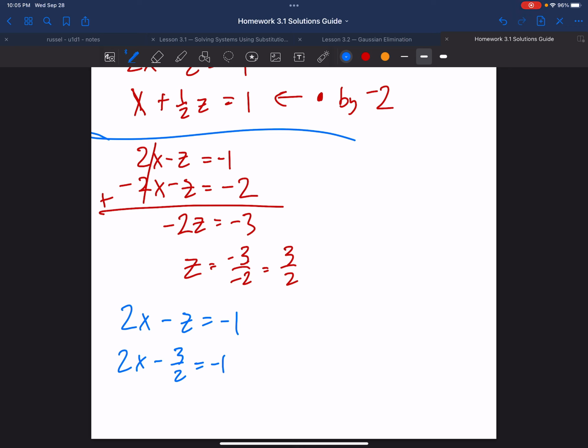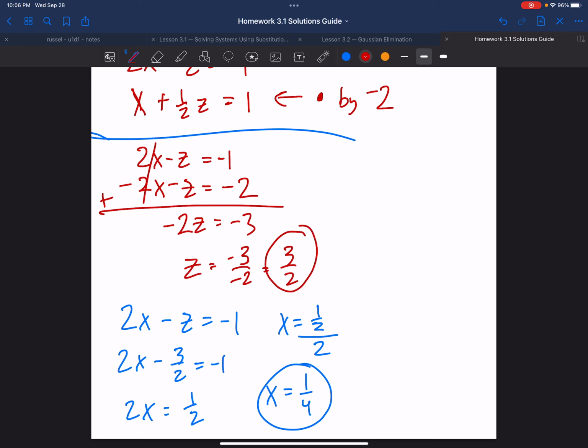Add 3/2 to both sides. Say 2x equals 1/2. And then divide both sides by 2. Do you know what 1/2 divided by 2 is? Anytime you divide a fraction by another number, you just multiply the denominators. 2 times 2 is 4. So x equals 1/4.